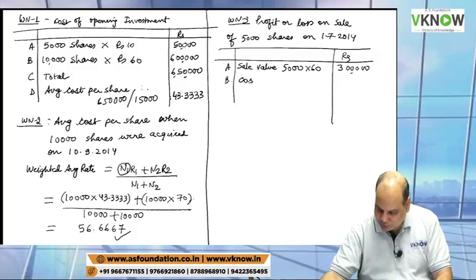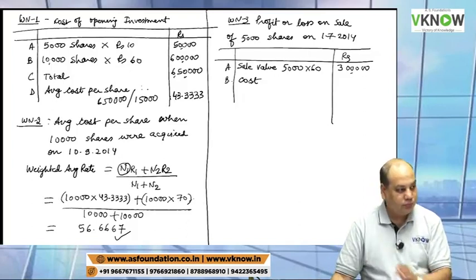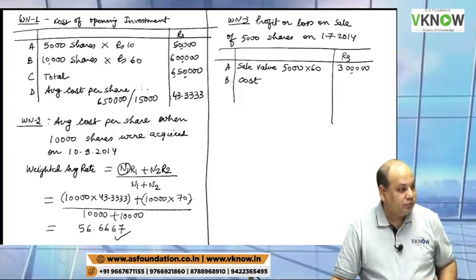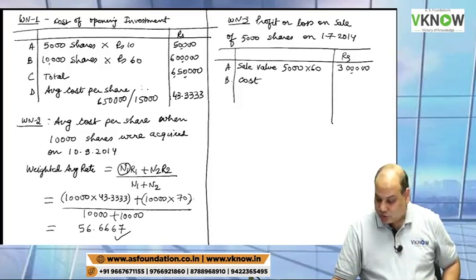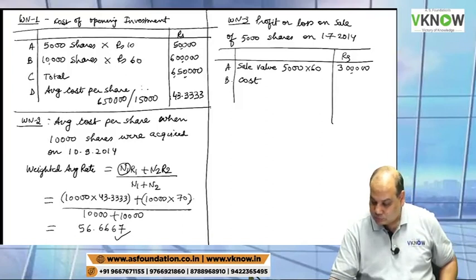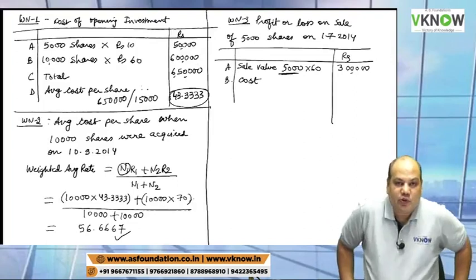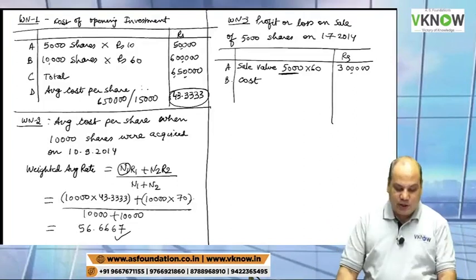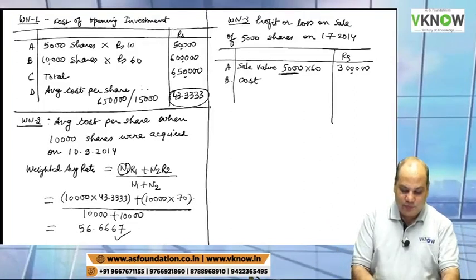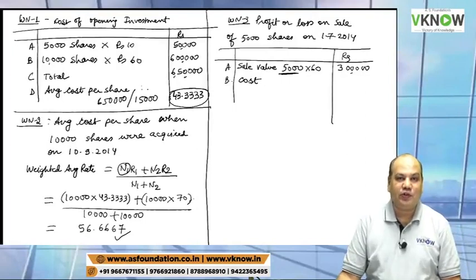Point B, cost. See the opening balance. 5,000 shares were sold before the new lot was purchased. You have to continuously pay attention. Do not divert. If you pay attention, you'll understand.